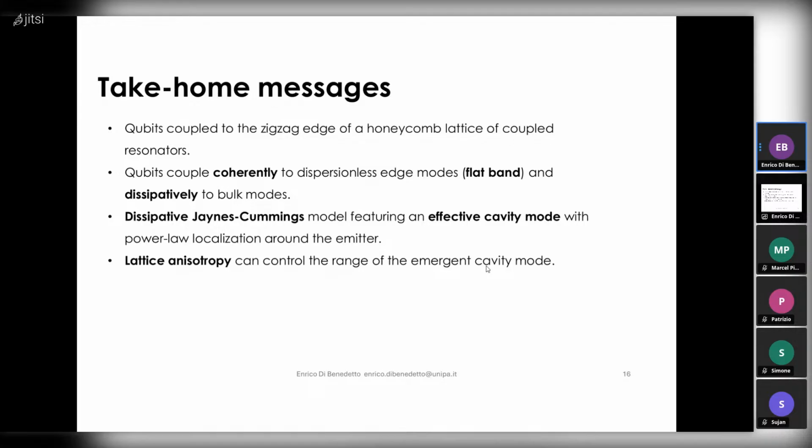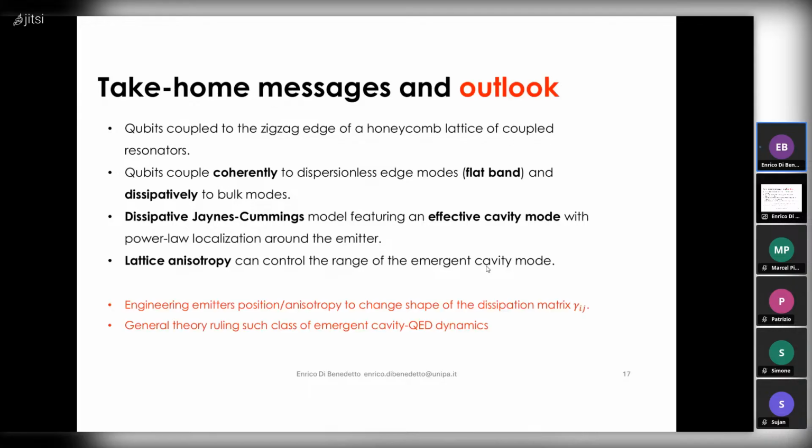You can basically reduce the dynamics to a sort of dissipative Tavis-Cummings model with some effective cavity modes localized around the emitter. And also we can use lattice anisotropy to control the range of the effective cavity mode, of the photon-mediated interaction, and of most of the notable quantities in our model.